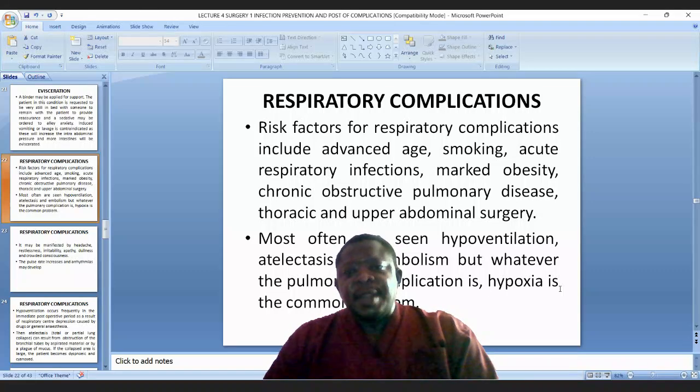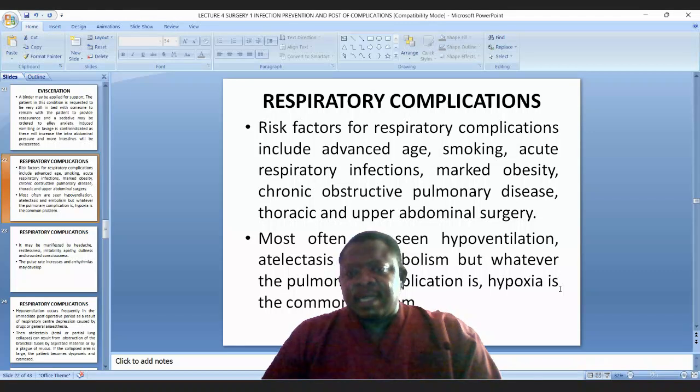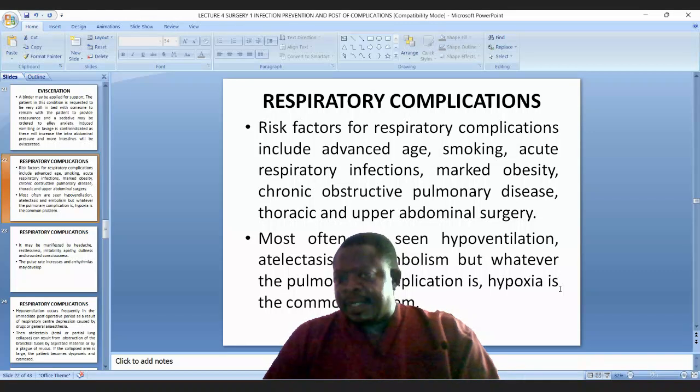Most often seen are hypoventilation, atelectasis, and embolism. But whatever the pulmonary complication one may suffer from, hypoxia is the common problem under the respiratory system.